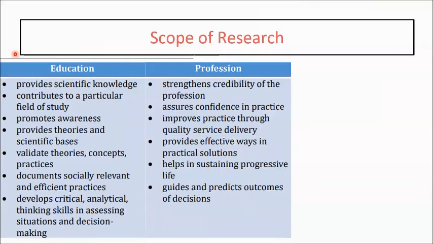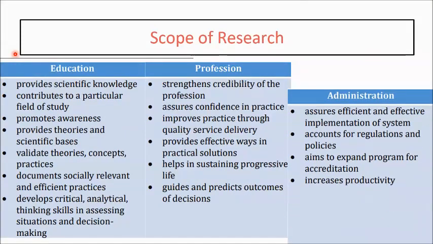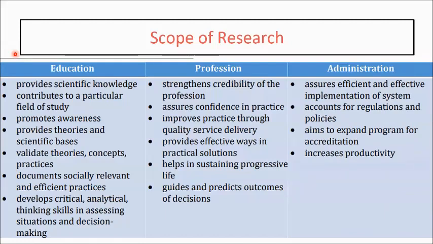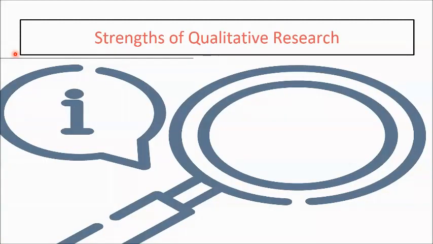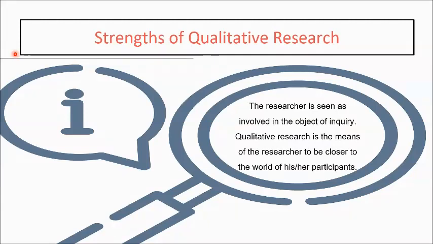Also, as a review, we gave the different scopes of research in education, in profession, and in administration. Aside from the definition and scope of research, we gave the different strengths of qualitative research, since we will focus on qualitative research writing. According to our previous discussion, qualitative research is the means of the researcher to be closer to the world of your participants.